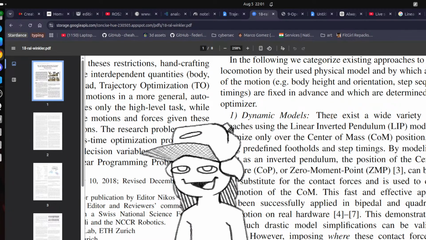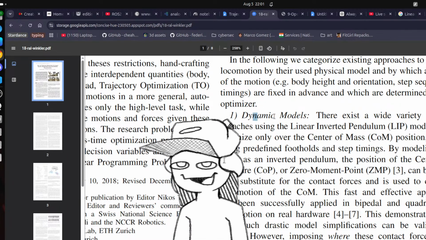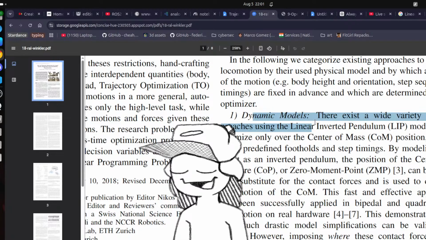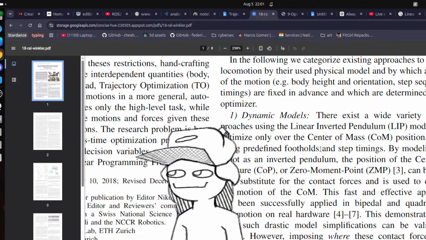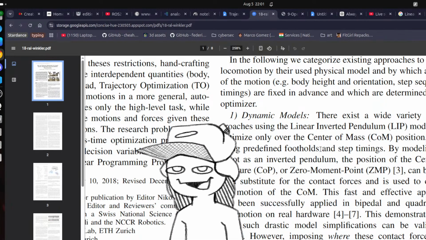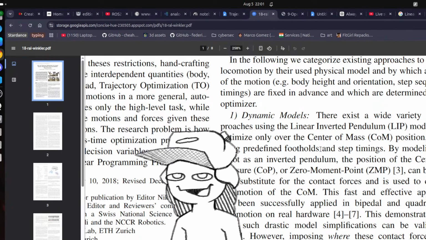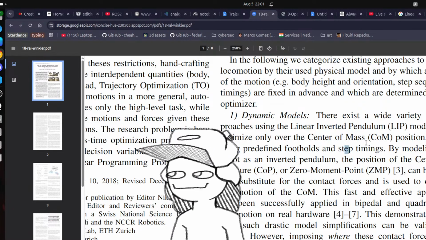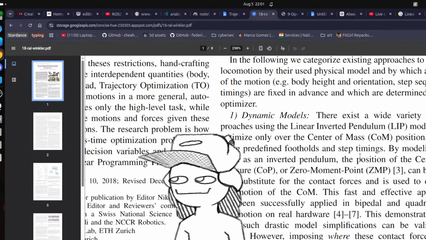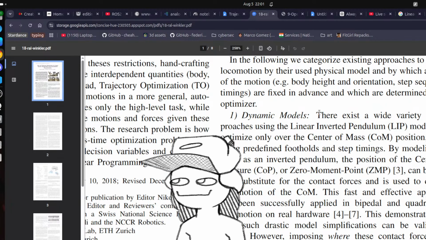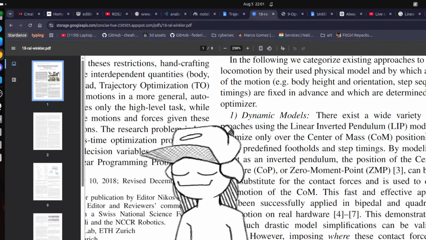The major disadvantage of this particular model is they are presuming the footholds, which mean the points where the robot's leg needs to land on, and the step timings. But the major fundamental is the same.